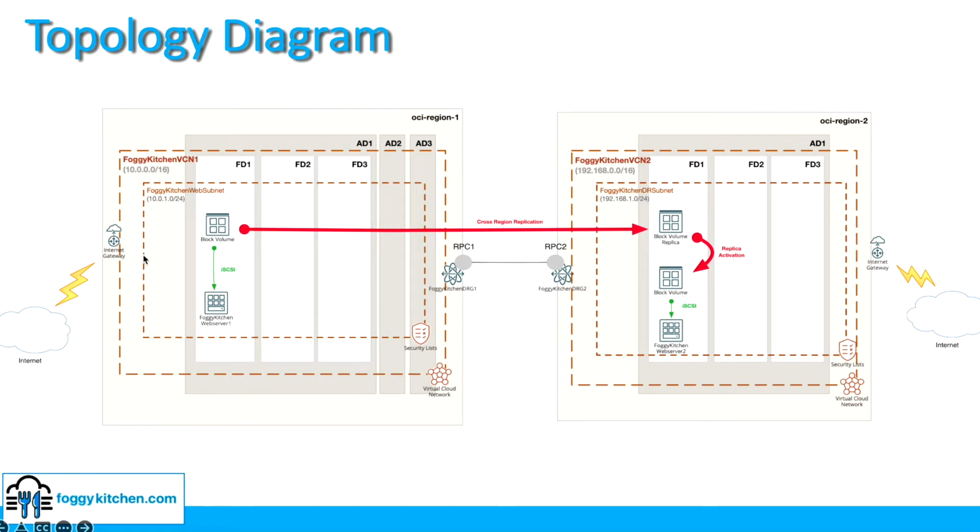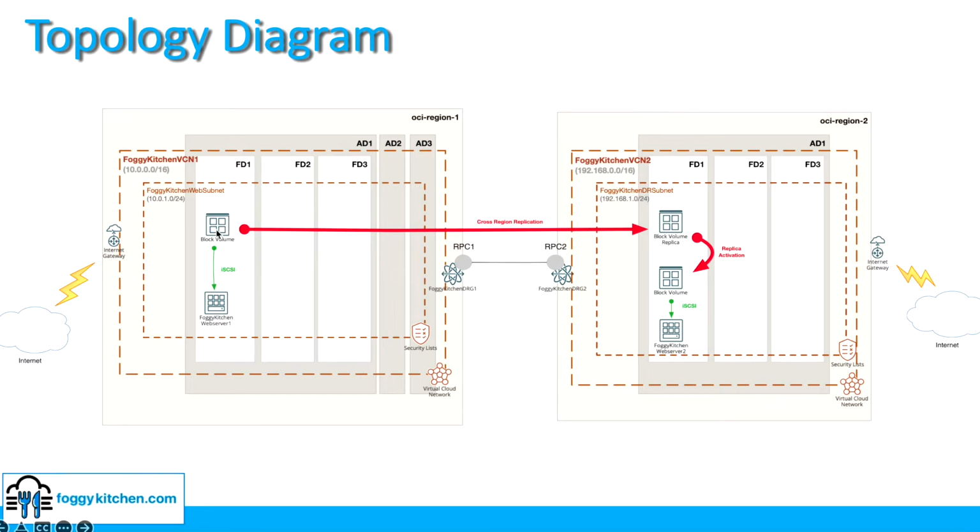Inside VCN1, we will have web subnet, public one, with one web server and one block volume attached through iSCSI protocol. On the other hand, we will have web server number 2 in a second region.